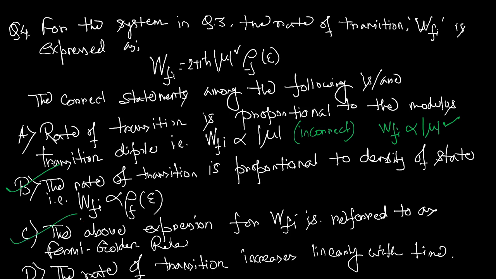Now, the rate of transition increases linearly with time? There is no expression of T incorporated in the rate of the transition. So the rate of transition is solely based on the density of the state and independent of time.